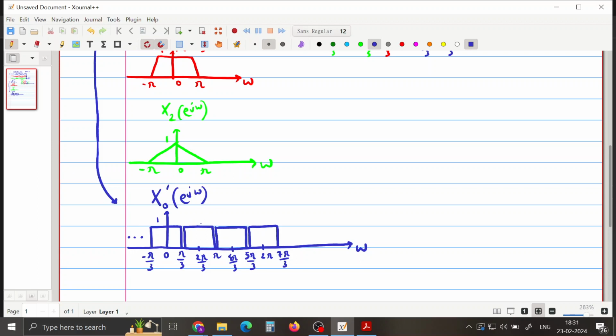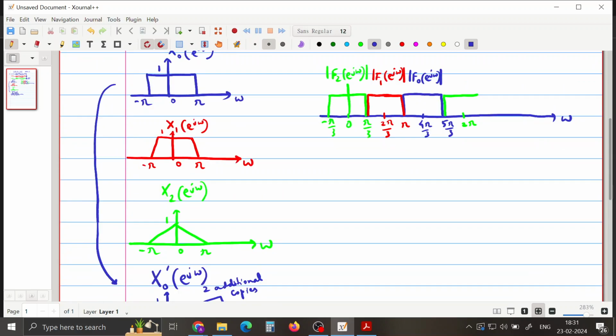The thing to see here is that these two in-between spectra are the L minus 1 additional copies. L is 3, therefore 2 additional copies are present as a result of upsampling.